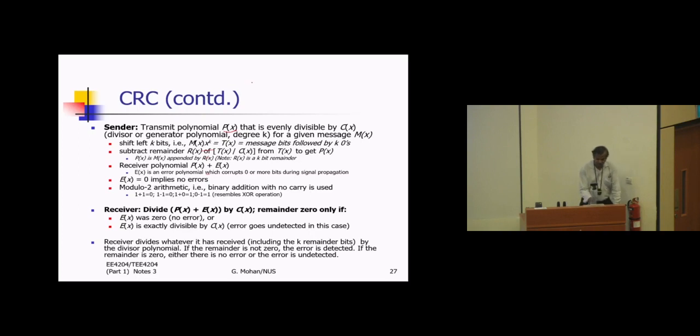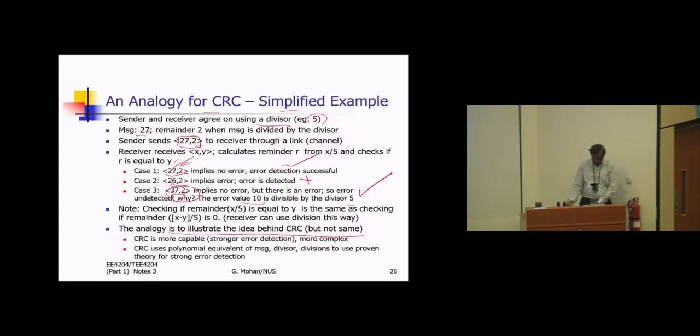Assume that there is a message. Let's say this is the sender. So the sender has a message m. Let's call it, equivalently there's a polynomial m of x, the message m, and it uses the divisor polynomial c of x. C of x is the divisor polynomial.